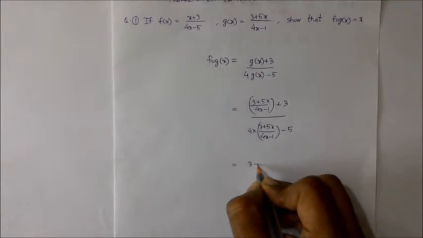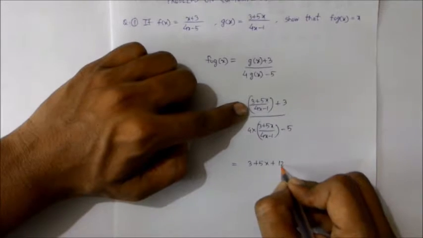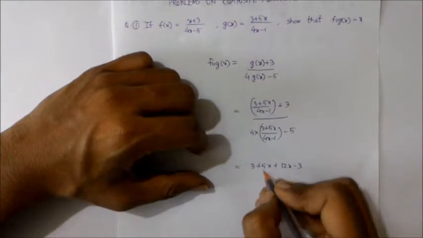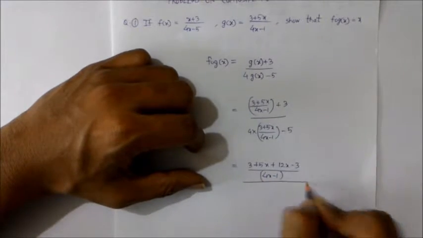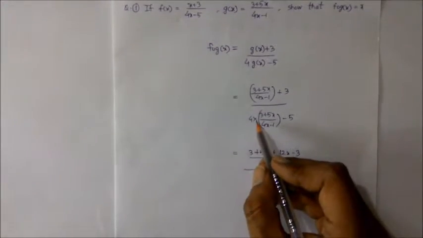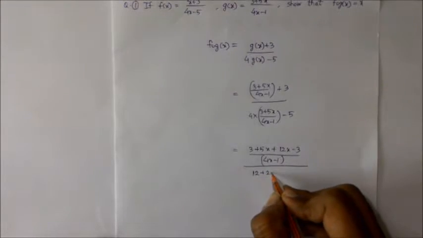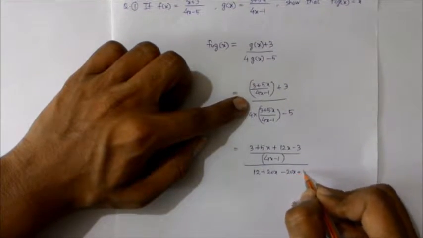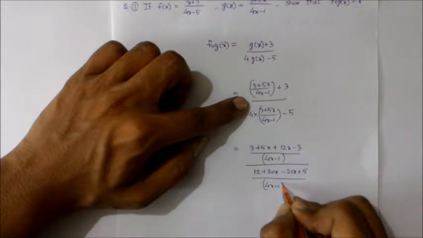This will become 3 plus 5x plus 12x minus 3, divided by 4x minus 1, upon, this will now become 12 plus 20x minus 20x plus 5 divided by 4x minus 1.